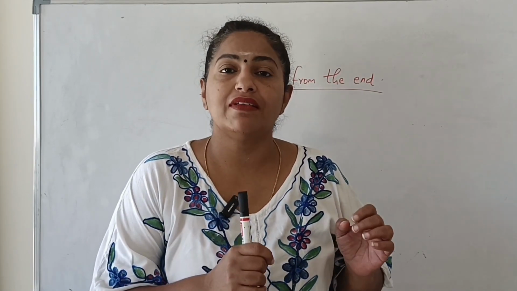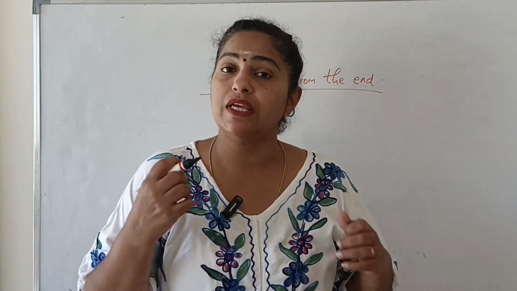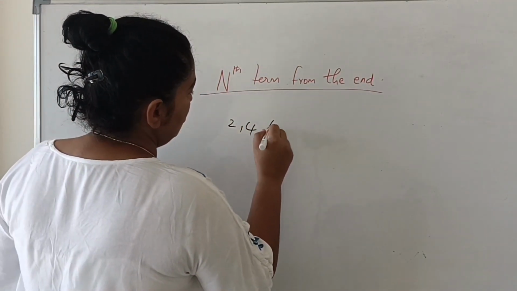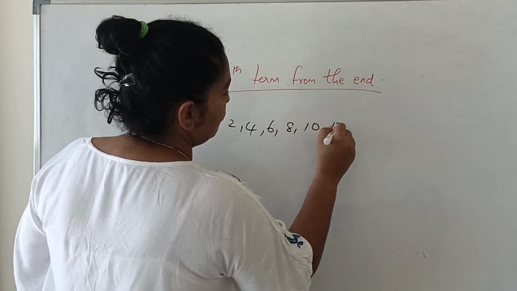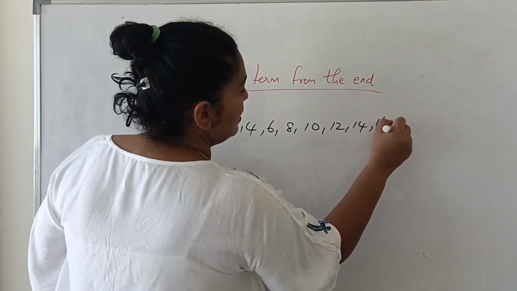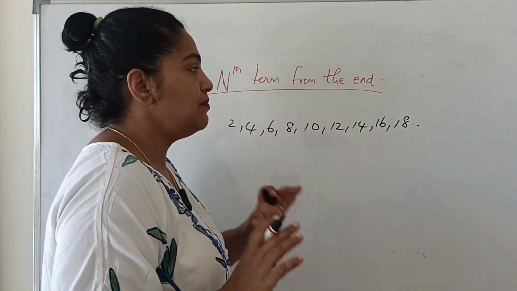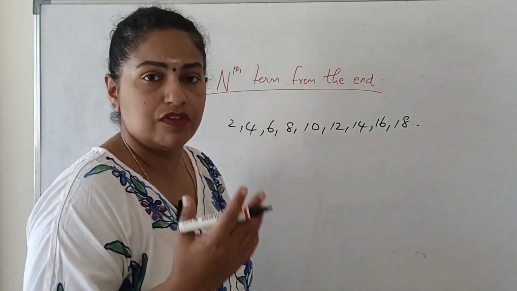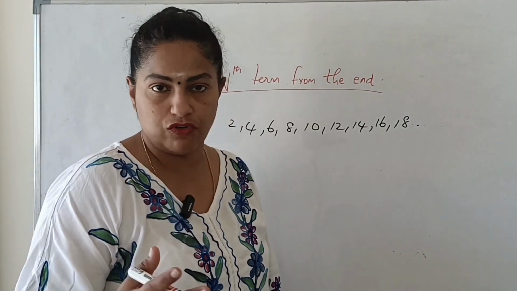Now let us see what exactly we mean by the nth term from the end of an arithmetic progression. Suppose you have an arithmetic progression 2, 4, 6, 8, 10, 12, 14, 16, 18. Let it be just an example, whose first term is 2 and the common difference is also 2.